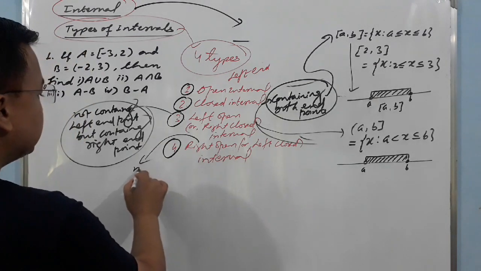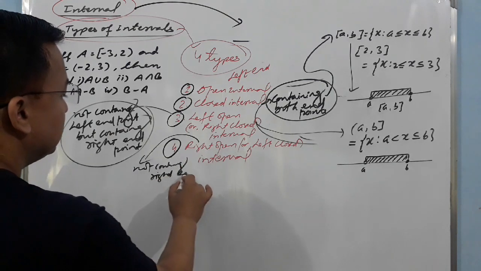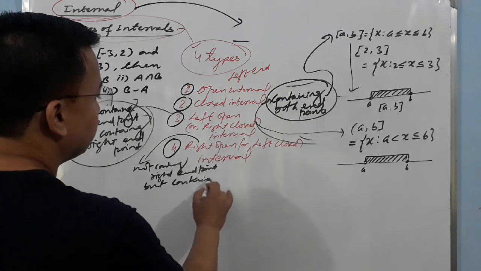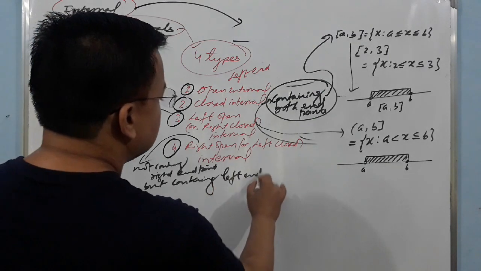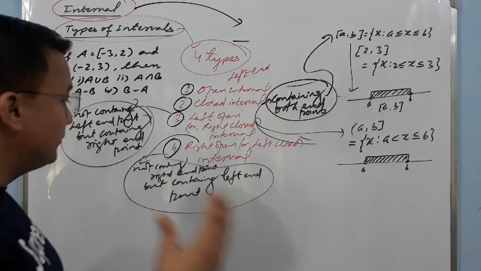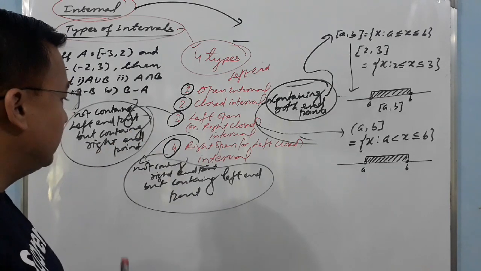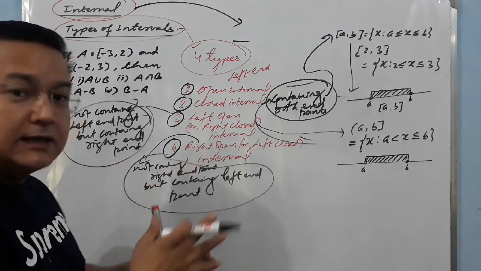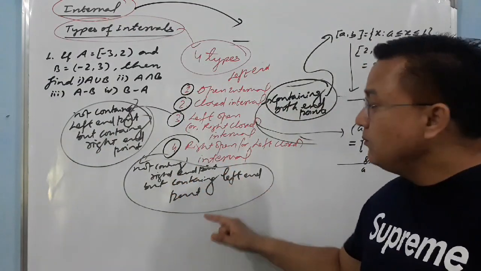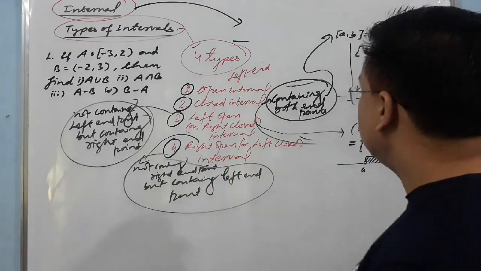Right open interval means not containing the right endpoint, but containing the left endpoint. So right open means the right endpoint is not contained but the left endpoint is. An interval not containing the right hand point but containing the left hand point is called your right open or a left closed interval, you can say.